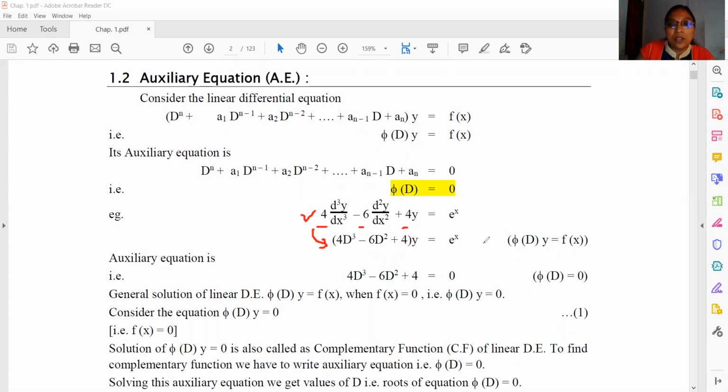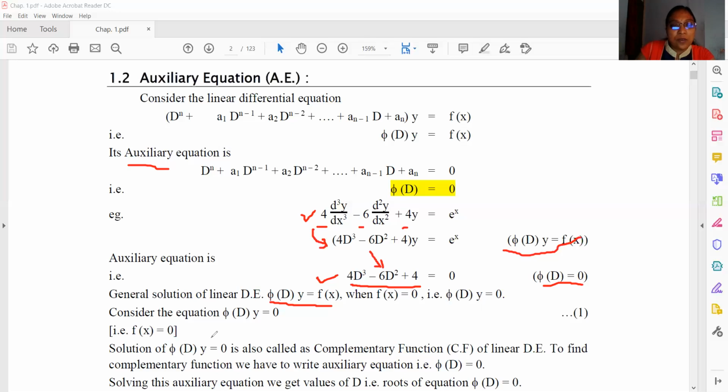So this equation is now in the form phi(D) y equal to f of x. When you equate this phi of D with 0, you get the auxiliary equation. So here we have the auxiliary equation 4D³ minus 6D² plus 4 equal to 0. In this way we can write the auxiliary equation for any differential equation phi(D) y equal to f of x.